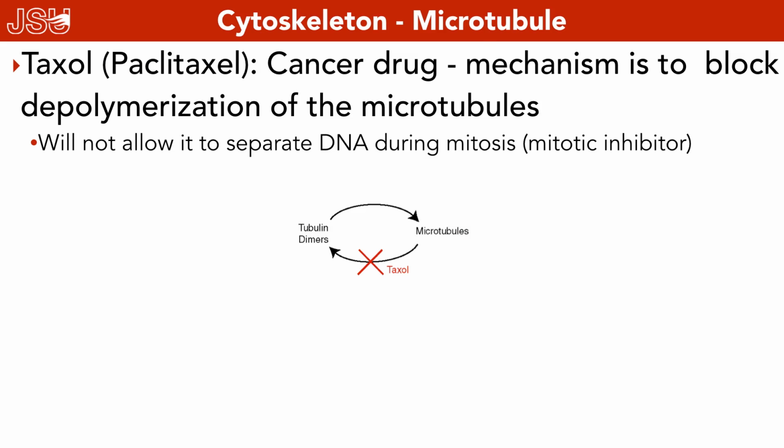Now, has anyone ever heard of the drug Taxol? No? Paclitaxel? Okay. This helps block the depolymerization of microtubules. And when we depolymerize a microtubule, what happens to the rest of the microtubule? It pulls, right?